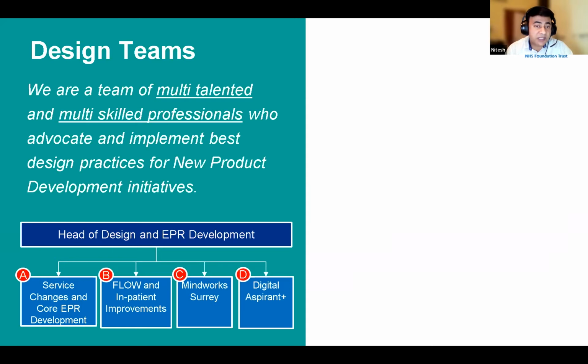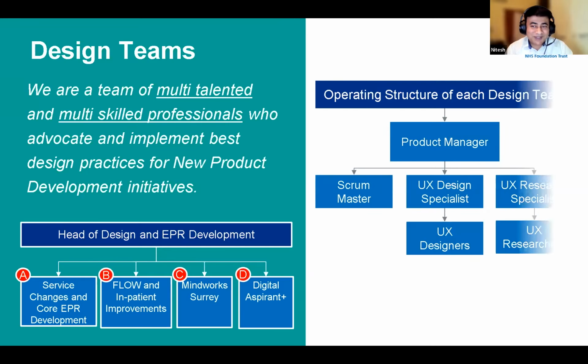We've got Team C, which looks at children and young people services, and they're called the Mindwork Surrey team. They also cater to early intervention, help and support. Team D is looking at the digital aspirant program, which is not just about multiple unit structure, but also open data architecture going forward.